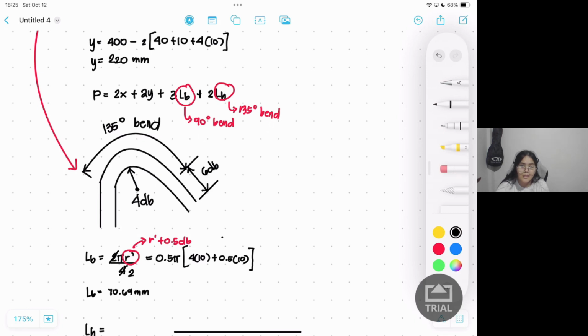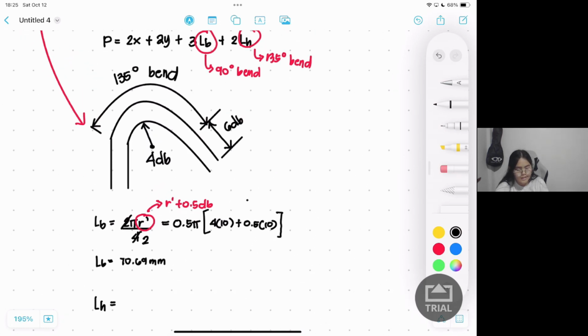Ng 135 pen. Okay? And then, ganito, kapag sa length of hook, always dapat may corresponding na length of extension. So, for this one, ang length of extension ay itong 6 dB. Okay? So, yan si L extension.